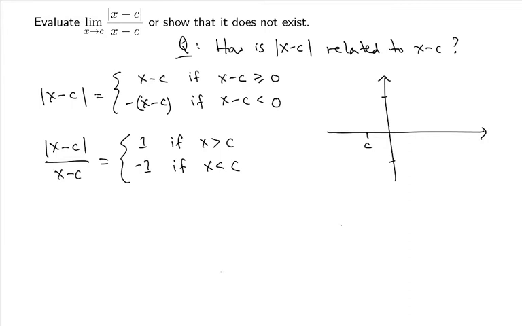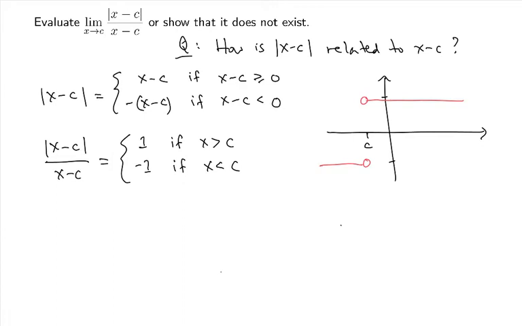For all values of x bigger than c, our function is equal to +1, and it's equal to -1 for x values less than c. Notice I have to put open circles there because the function is not defined at x equal to c at all. So now we can compute a limit because we have a graph that we can look at.